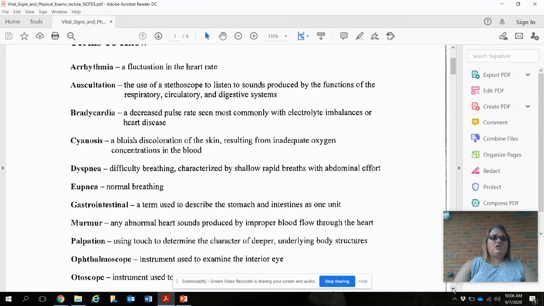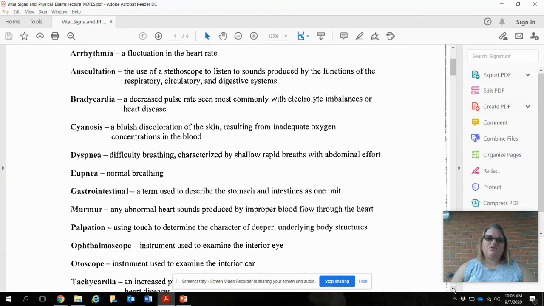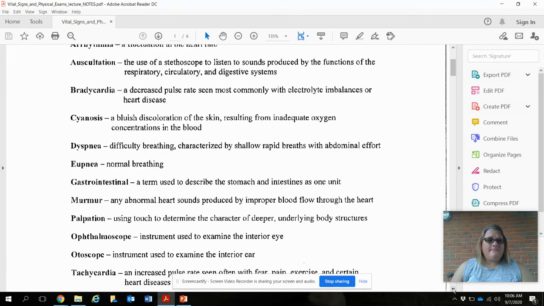Bradycardia is a slow heart rate. Cyanosis is having a bluish color to the skin or the mucous membranes. That's a lack of blood flow and oxygenation in the body.